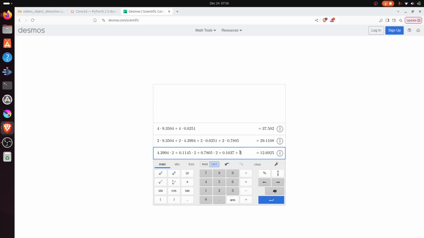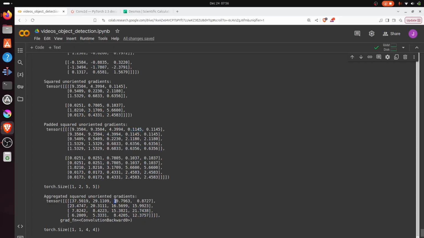Oh yes, that is why, because you don't add, you multiply here, of course. Fantastic. So now it's 10.79, as expected in here. Great.